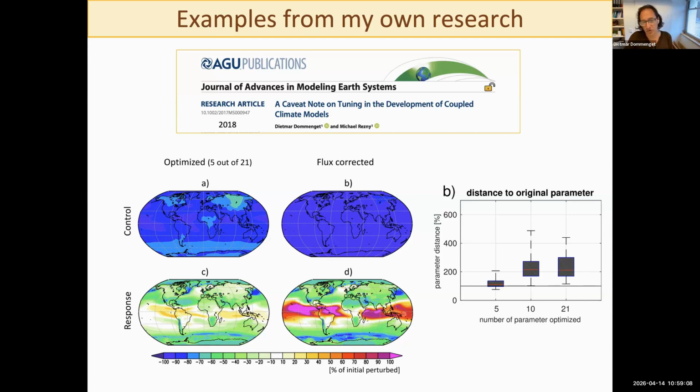But in most regions, and where the responses are strongest in the higher latitudes, the response biases do get reduced. So it's a bit of a mixed bag. You can see tuning is not perfect, flux correction is not perfect, but flux correction performs a little bit better than the tuning, though neither of them is perfect.